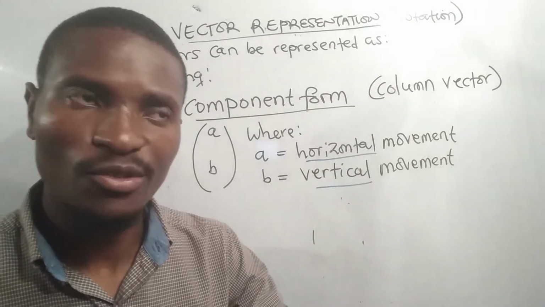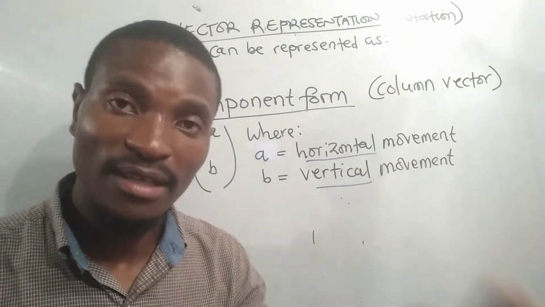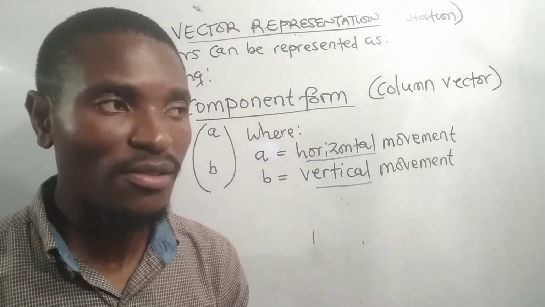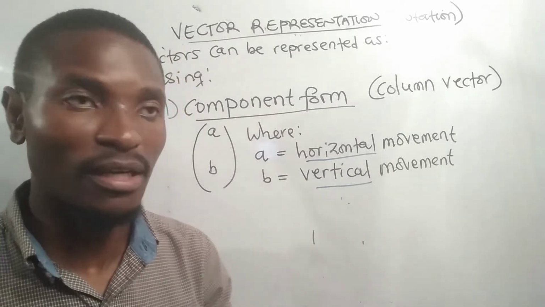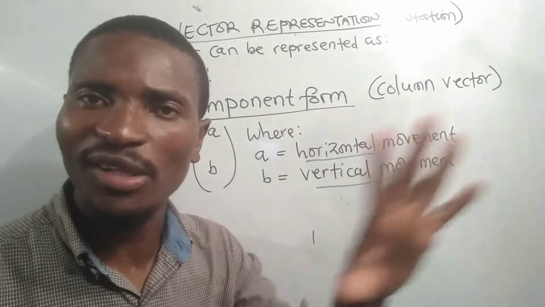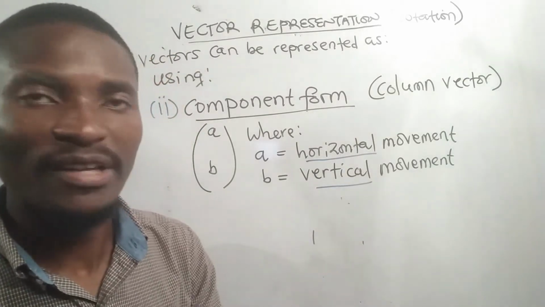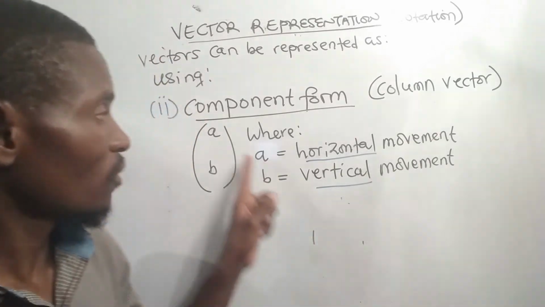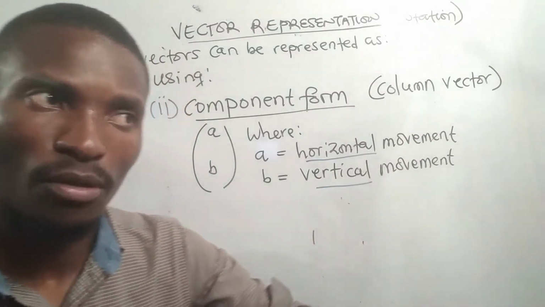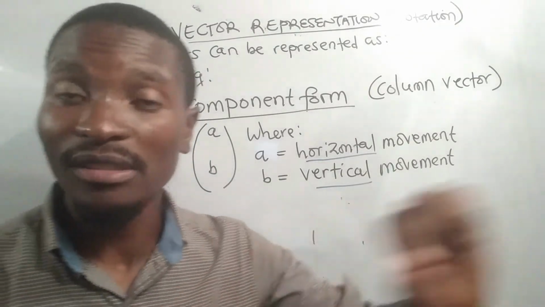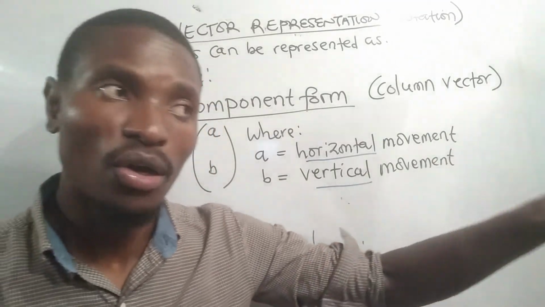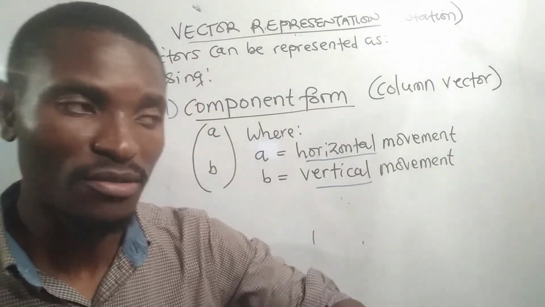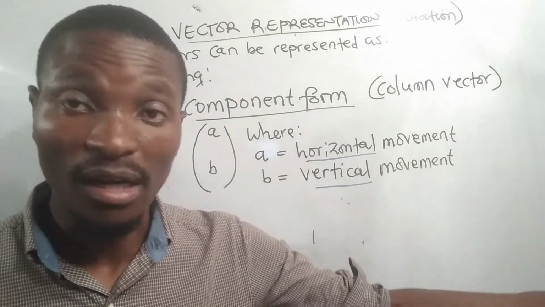So when you think about what I said in the first video, we are talking about vectors being represented on a graph paper. On a graph paper you can have the x-axis, which is also called the horizontal movement. So this value can be found in the x-axis, or horizontal region.